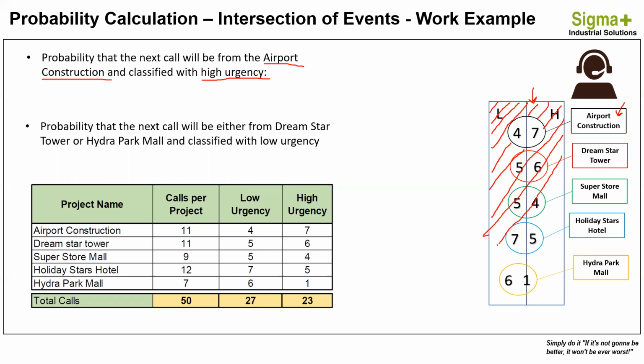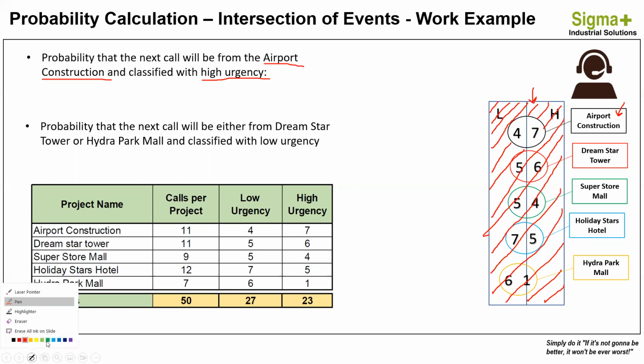Very sorry if my lines are not so perfect. I'm trying to do my best. Okay, the next step: let's utilize a different color, and we will shade all the sample space excluding the event of interest, which is the high urgency. So I will start to shade the low urgency.